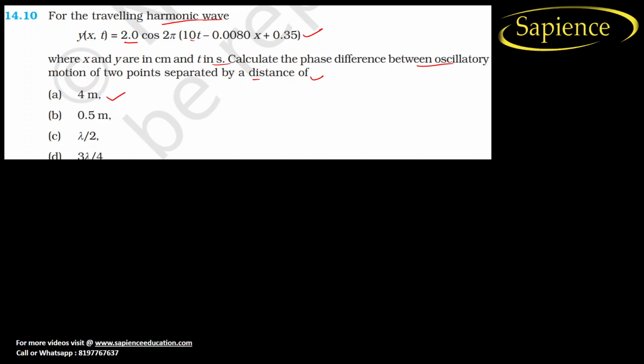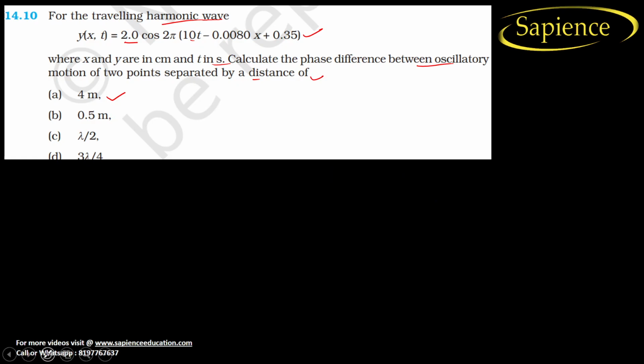See, first of all, we have to write the equation properly. y is a function of x comma t. We can write 2.0, so this is 2 cos 2π.